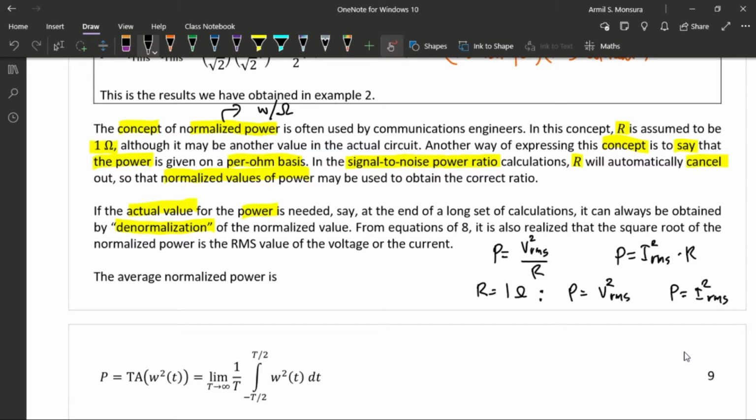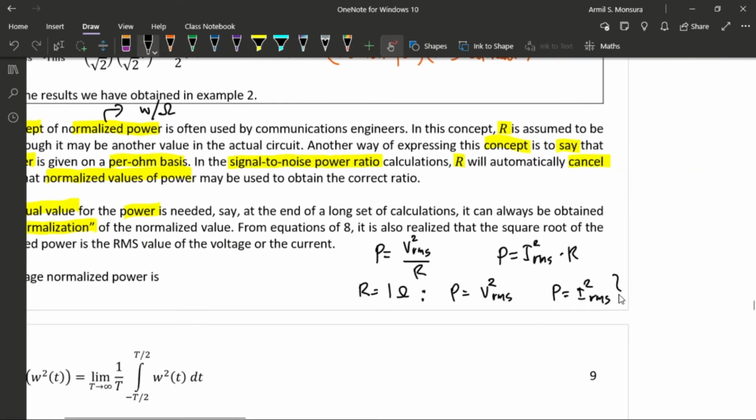So this is what we call the normalized average power.